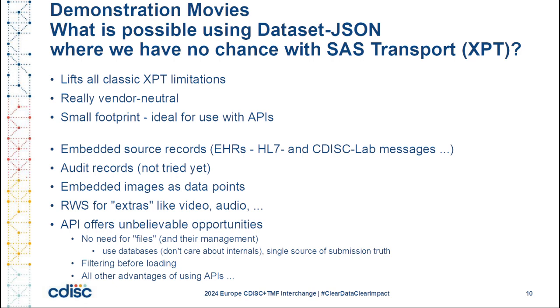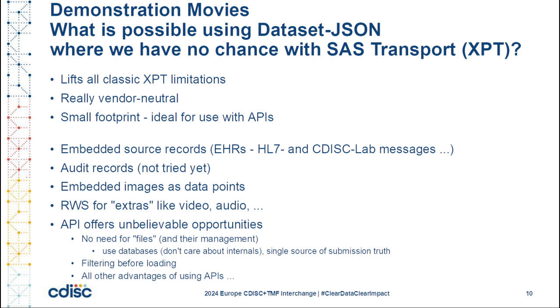With these demos, I hope I have convinced you about the advantages of Dataset-JSON over SAS Transport. Dataset-JSON lifts all the limitations of SAS Transport, is really vendor neutral and ideal for use with APIs. Source records can easily be embedded and retrieved. The same also applies to audit trails, but we haven't tried that out yet.